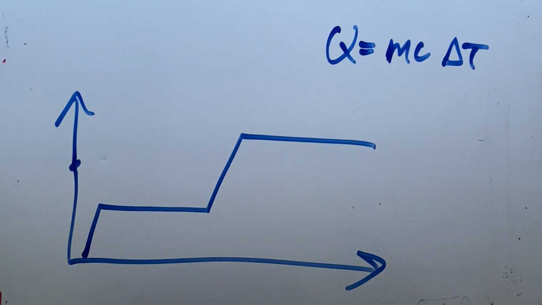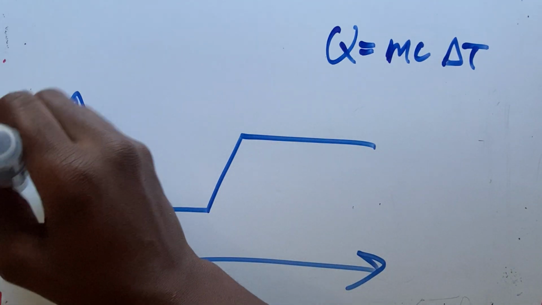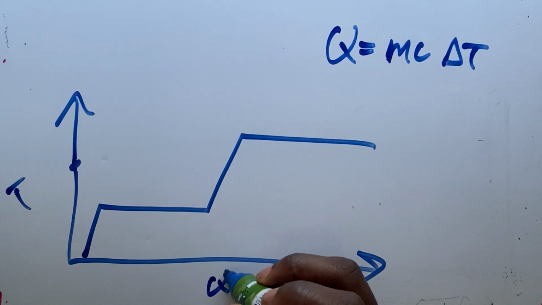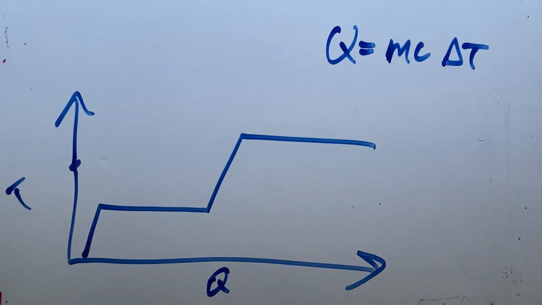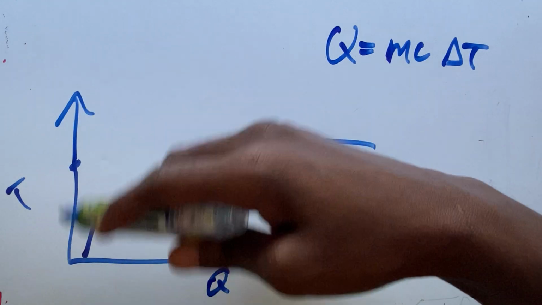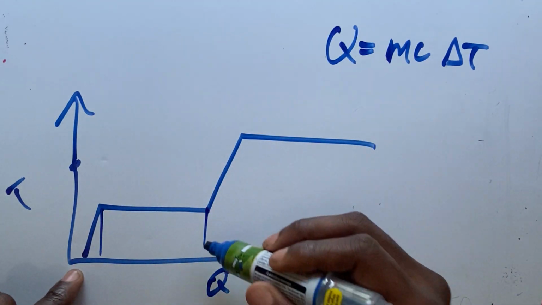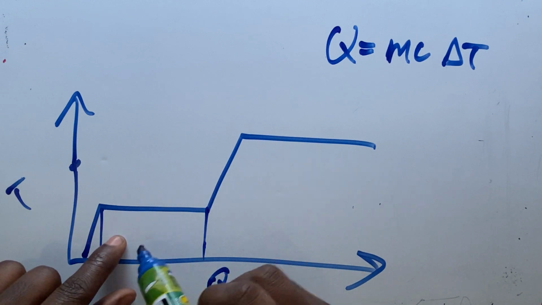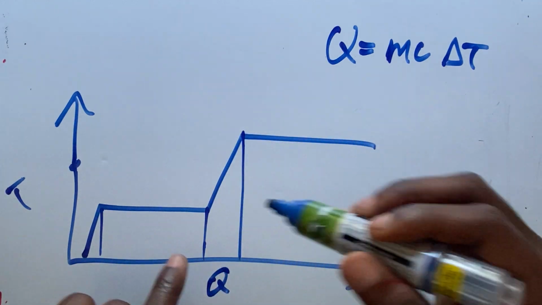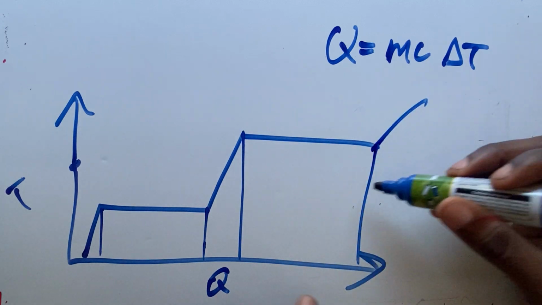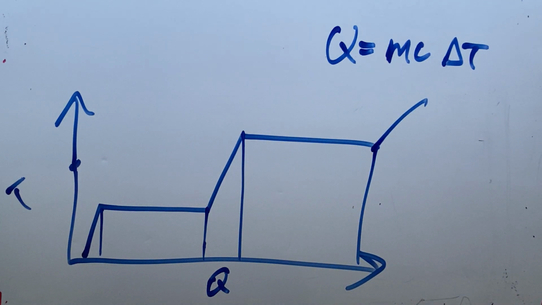Boom. So remember, this is the heat-temperature graph that I drew a moment ago for water. All right, where this is heat on the bottom, this is temperature going upwards. And so right here, that's ice. This is water and ice. This is water being heated up. And then this is water and steam, and then steam after that.